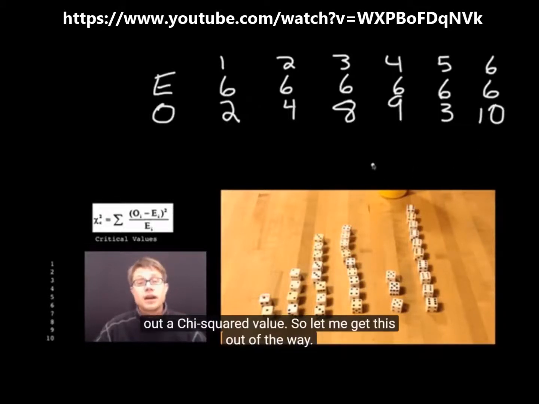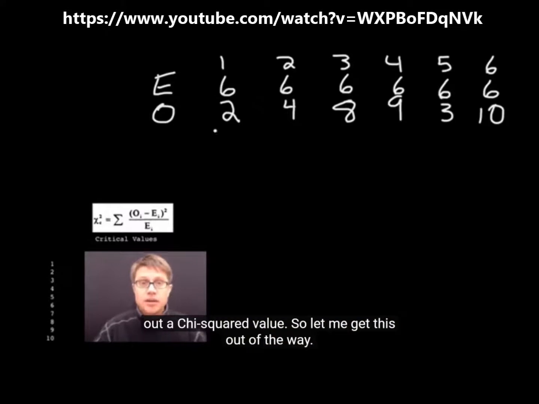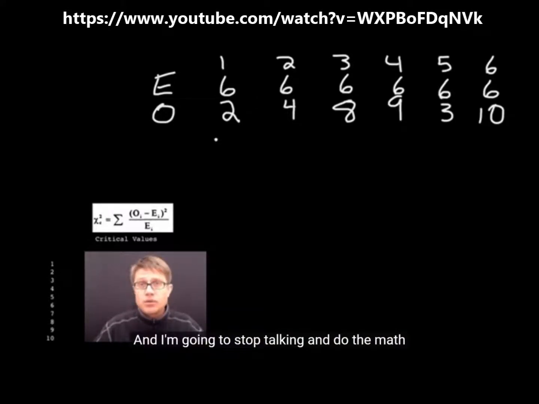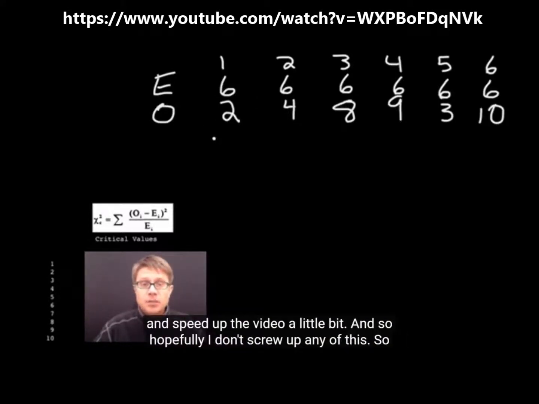Okay, now we have to figure out a chi-squared value, so let me get this out of the way. And I'm going to stop talking and do the math and speed up the video a little bit. So hopefully I don't screw up any of this.